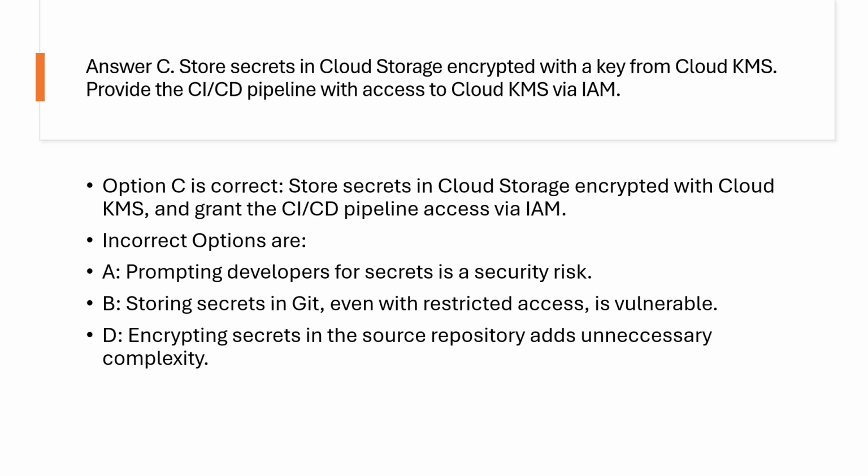Option D, encrypting secrets in the source code and storing the decryption key separately, adds unnecessary complexity. You're still managing keys manually, and it doesn't provide the robust, centralized management of Cloud KMS. Cloud KMS allows for easy rotation and fine-grained access control, making option C the most secure and manageable choice.